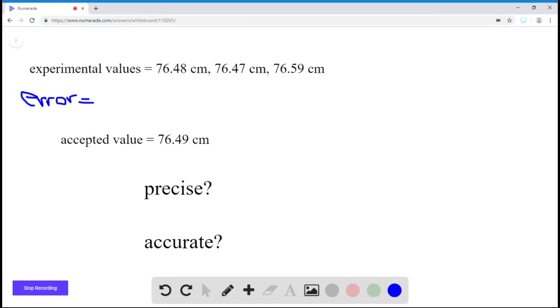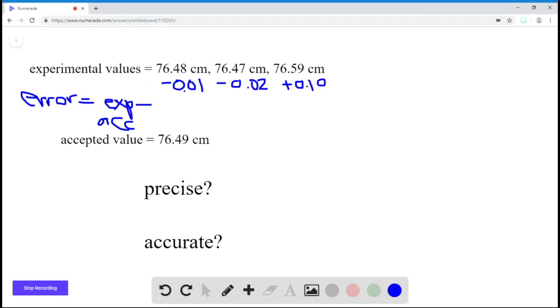is equal to your experimental values minus your accepted values. So if you were to do 76.48 minus 76.49, you would have an error of 0.01 centimeters. You would have an error of 0.02 centimeters and an error of plus 0.10 centimeters.